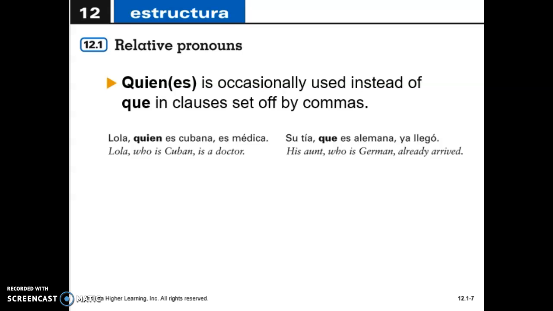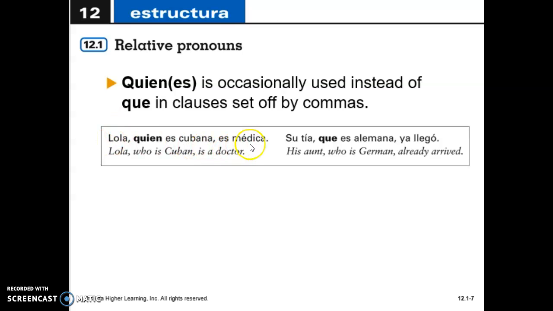Sometimes I want to emphasize some information, and I can put this between two commas, and this is going to be a little bit of extra information that I'm throwing in there, but I'm focusing on the fact that Lola is a doctor, right? And I'm throwing in there that she's also Cuban, okay? So I'm not really focusing so much on the information that goes in commas. That is just an extra piece of information. What I really want to state is that Lola is a doctor.